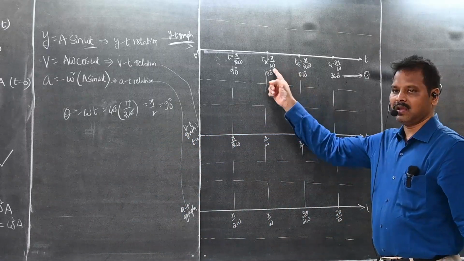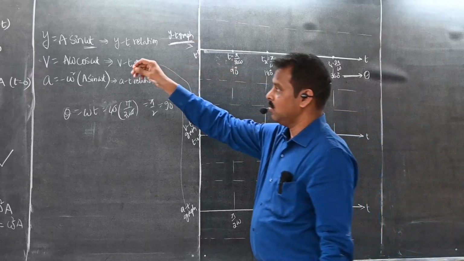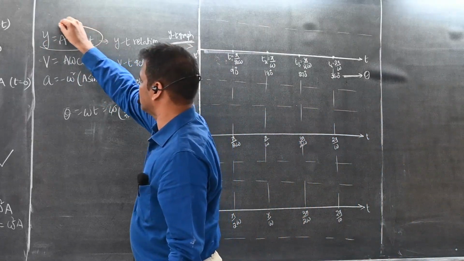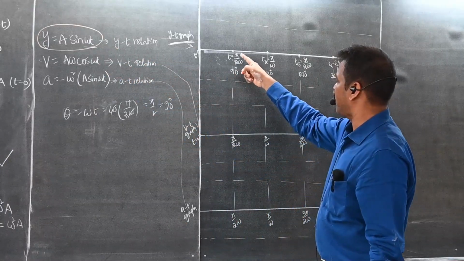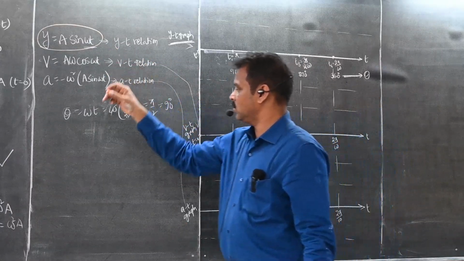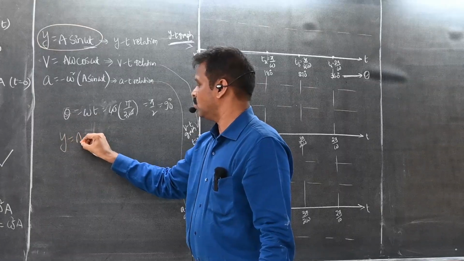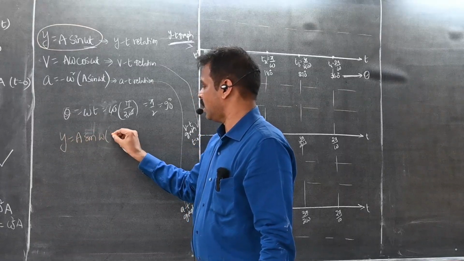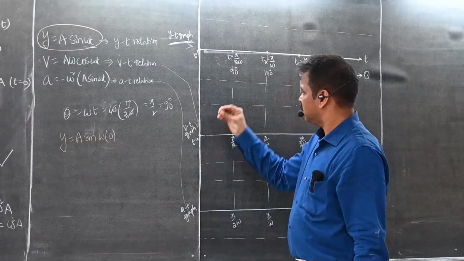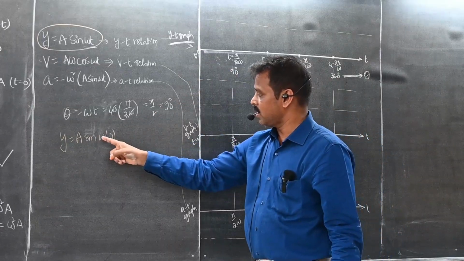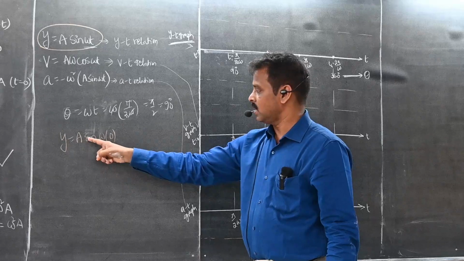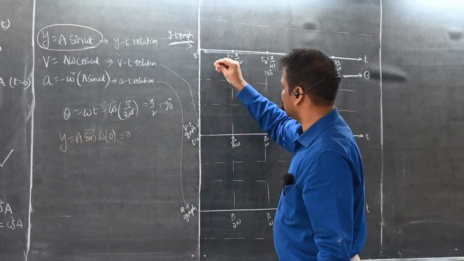So to draw the graph, first we have to take the y-t relation. This is the y-t relation. Substitute the times, students. You take the equation y is equal to a sin omega t. First time, how much? t is 0. Omega into 0, sin 0. So how much will we get here?